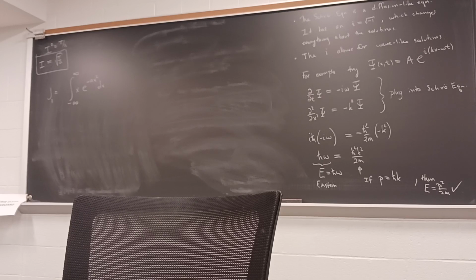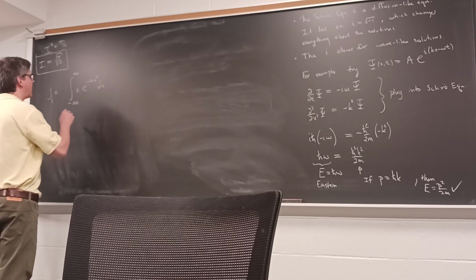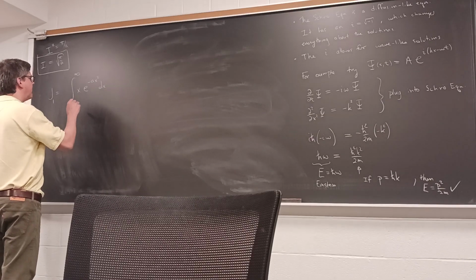Do you want to do it by parts? That looks a lot like just a derivative of e to the negative a x squared.